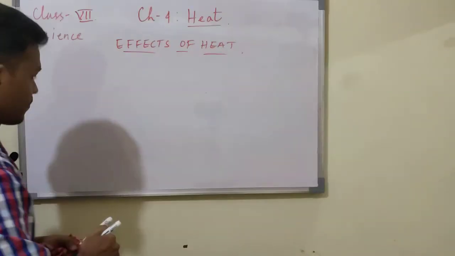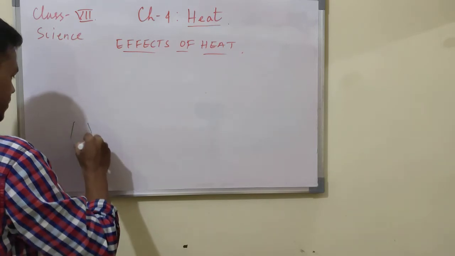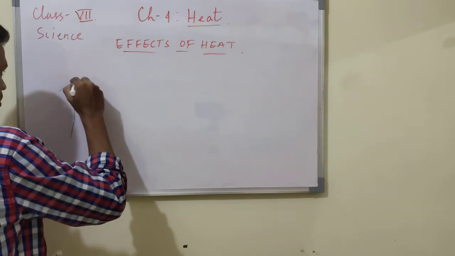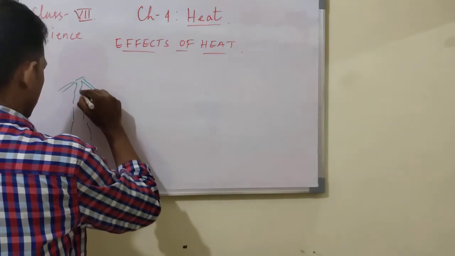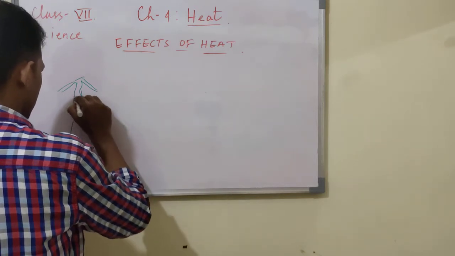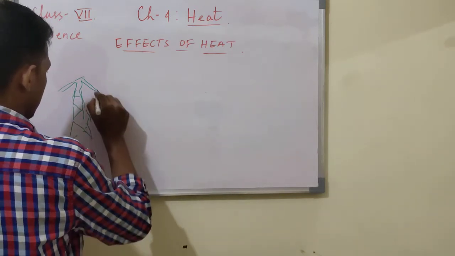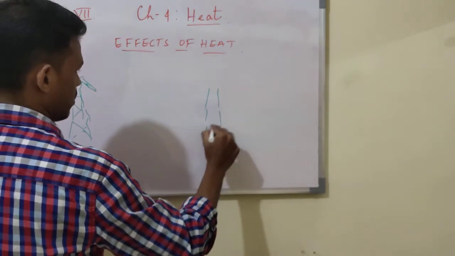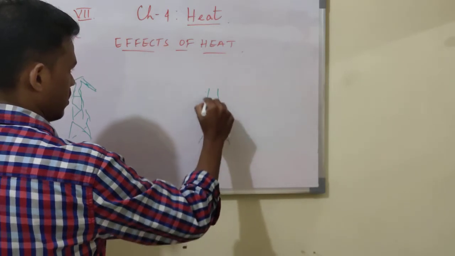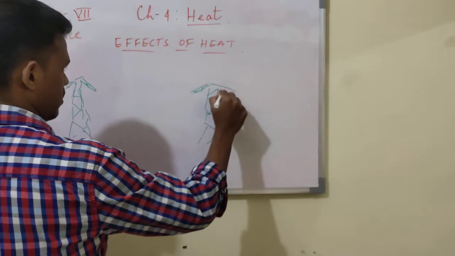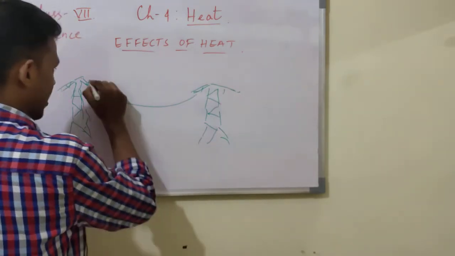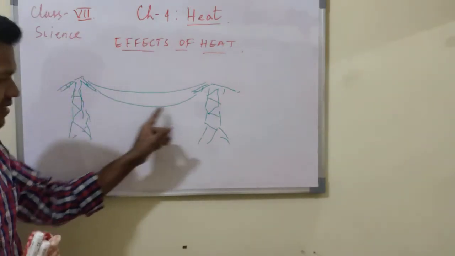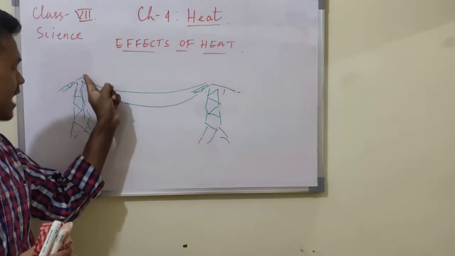They keep this wire like this. You have seen? So this is two electric poles. The wires are bent initially. Why are they not tied between these two poles straight?